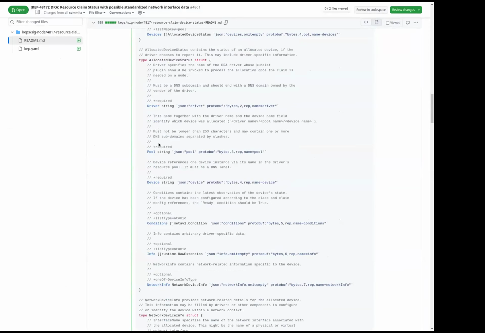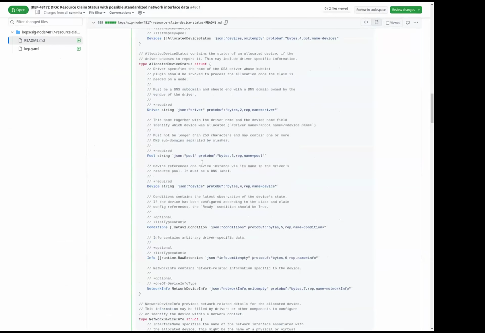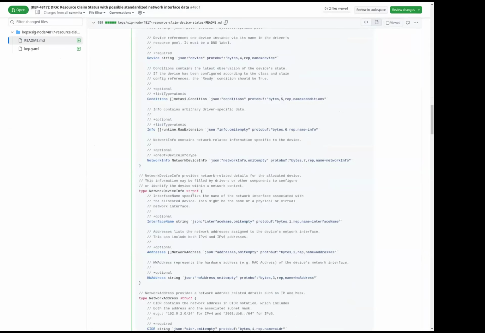So I created this last week, and I know that there is another KEP about reporting the, I don't know if it's resource or device, in the pod status. I know that it is only for the health of these resources.